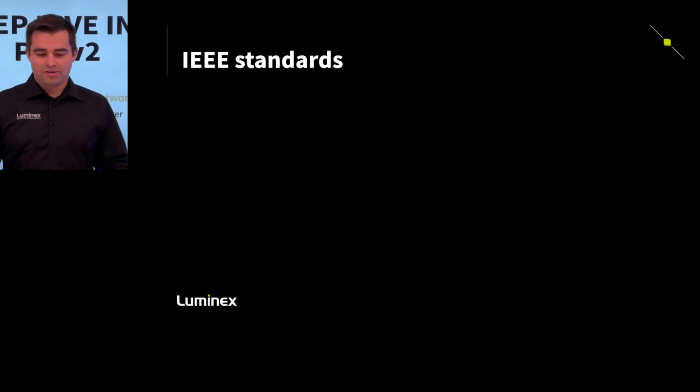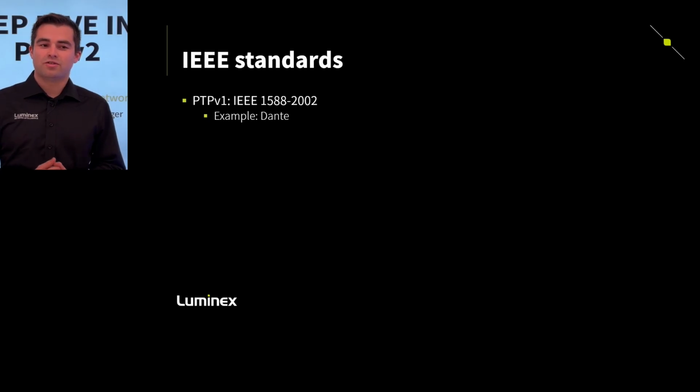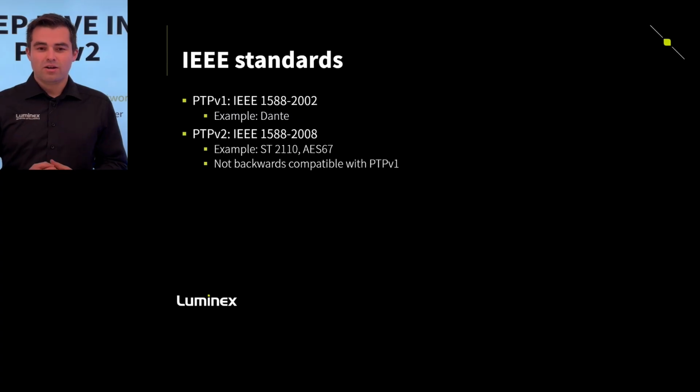But who controls PTP? PTP is an IEEE standard, and the first version came out in 2002, so PTPv1. This is, for example, still used for Dante audio. PTPv2 came out in 2008. It's used by ST2110 and AES67, but it's not backwards compatible to PTPv1.